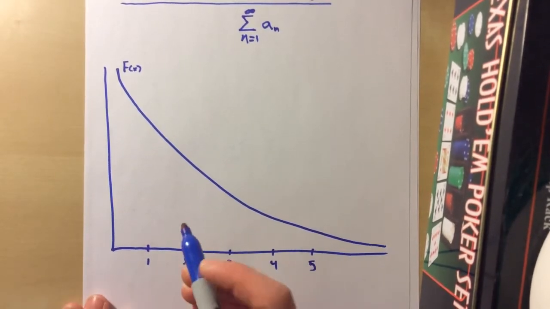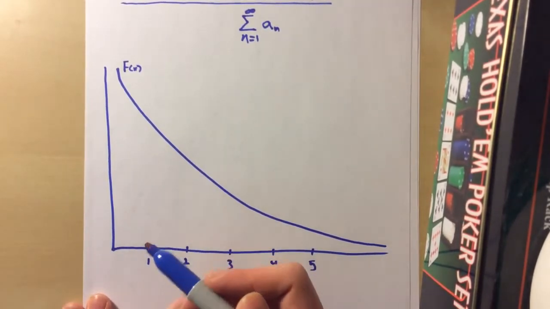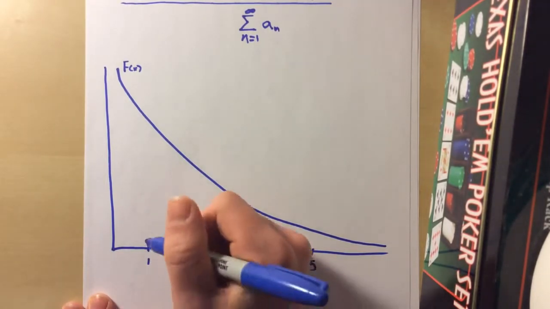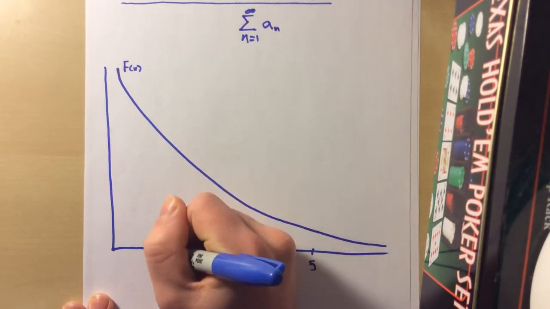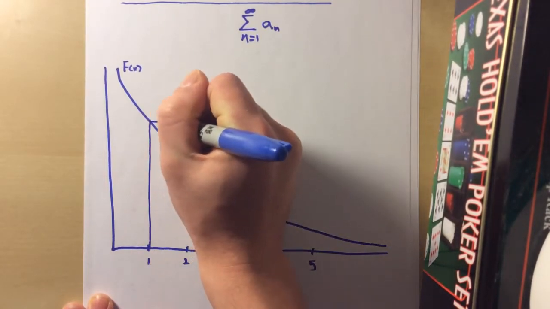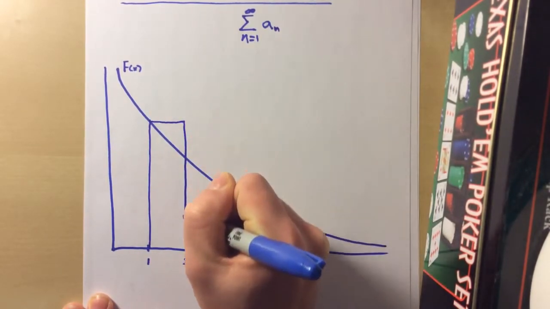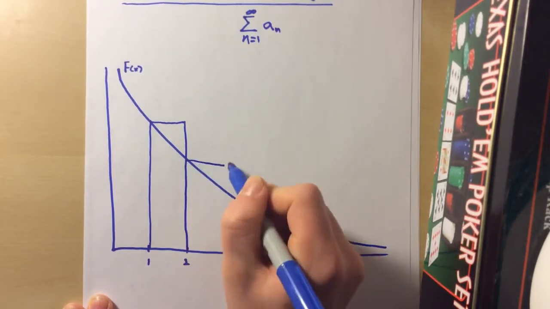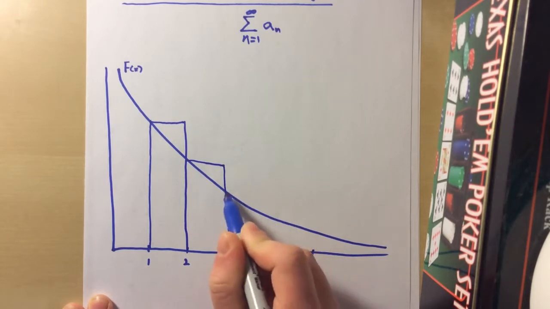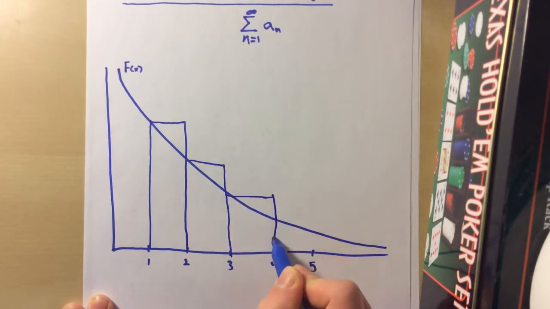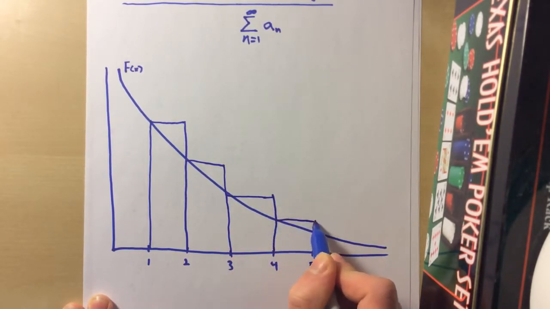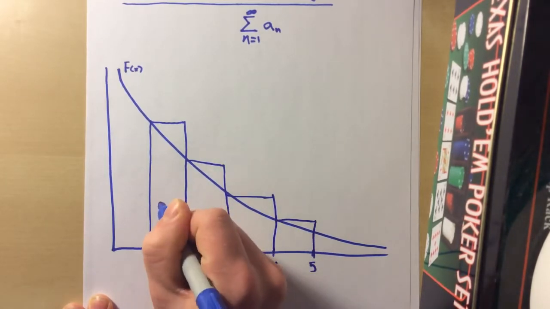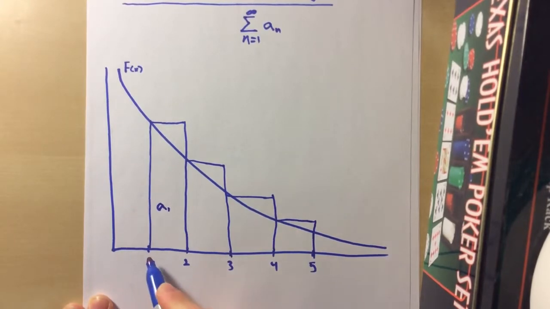Well, to do that, we basically just need to take a left-hand sum, because left-hand sums are greater than the function, or than the integral. As you can see here, these are the left-hand sums for a sub n. And the area right here, well, that's just going to be a sub 1, right?